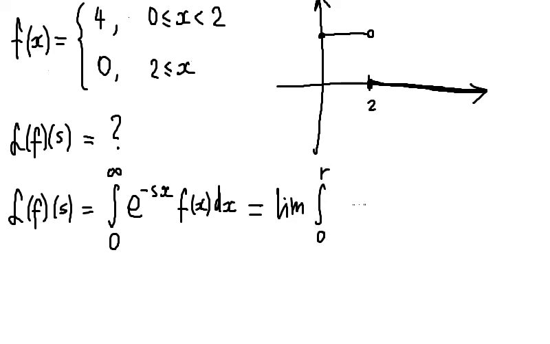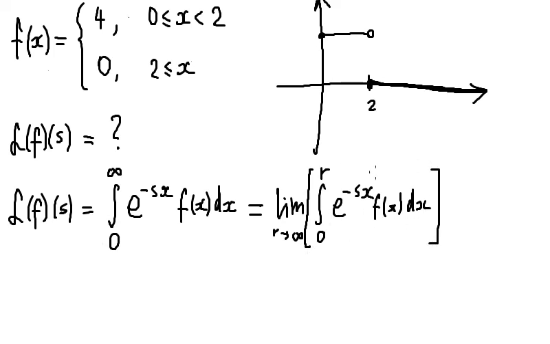So we take an integral from 0 to r of e to the power minus sx f of x dx, and we then take the limit of this thing as r goes to infinity. So that's what the infinite integral stands for. Maybe it will be illustrative if we put brackets in here to point out that we're taking the limit of this entire expression as r goes to infinity.